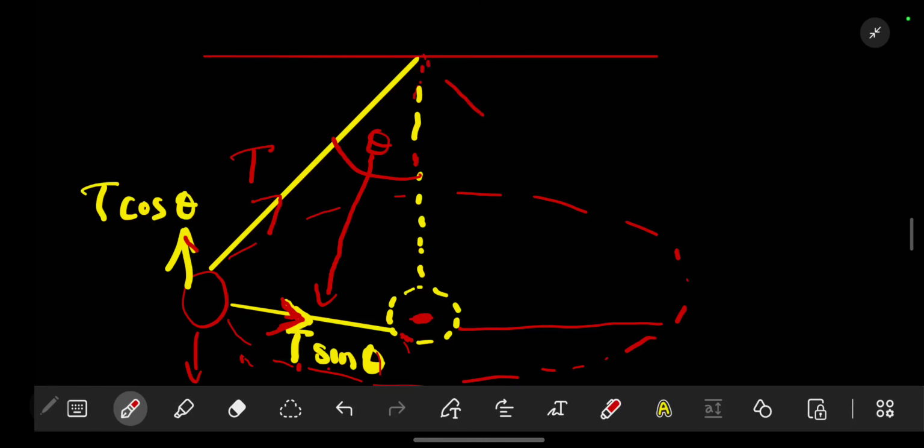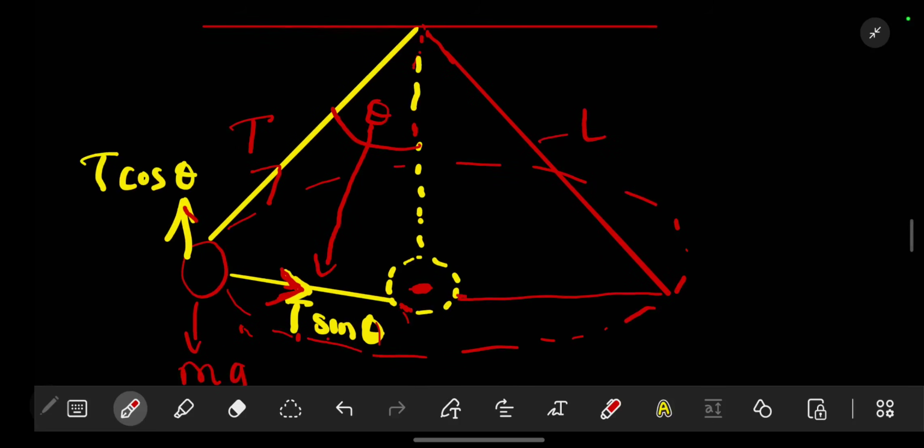Likewise, the length of the string is equal to the length L. Now this length L has got a side which is, from the circumference, from this point to the middle point, the radius.